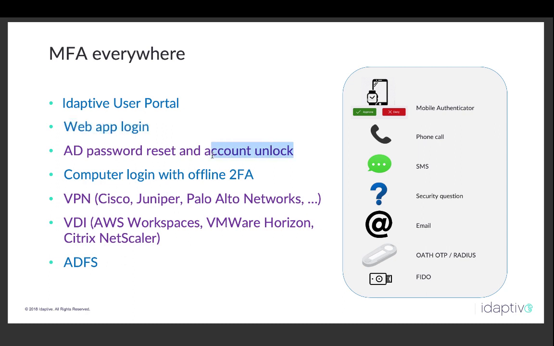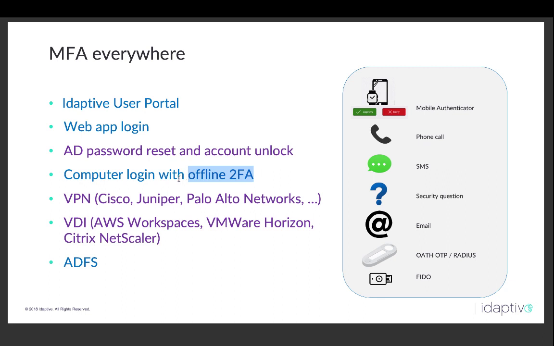Okay. And actually, the administrators can also allow users to unlock their account just using the same method with multi-factor authentication. You also saw that we could do multi-factor authentication at computer login. And then there's also offline, meaning if Jack brings his laptop onto a plane, he can still use two-factor authentication even though he can't receive a phone call or text message.